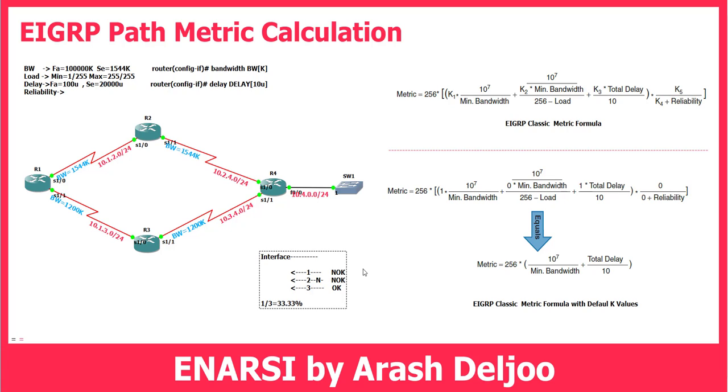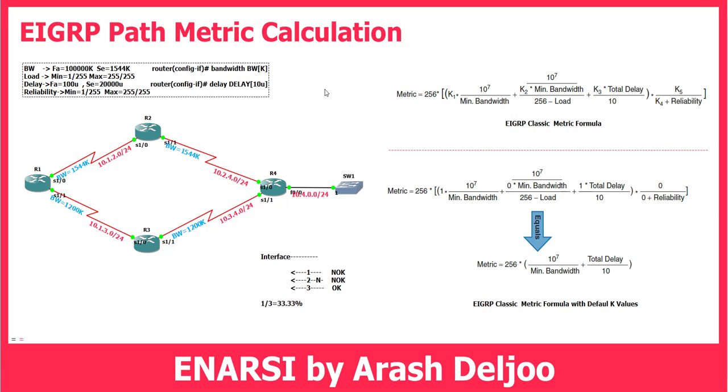So the worst case is a reliability of 1/255, which is the minimum reliability, and the best, maximum reliability is 255 over 255, meaning 100%.